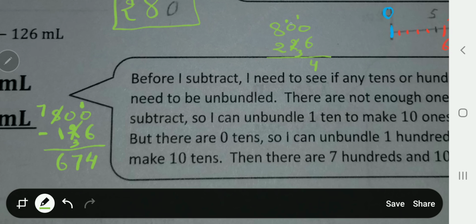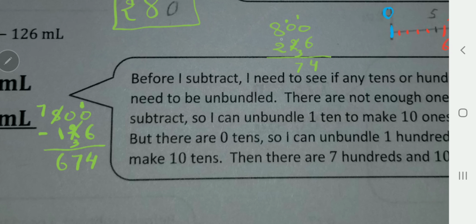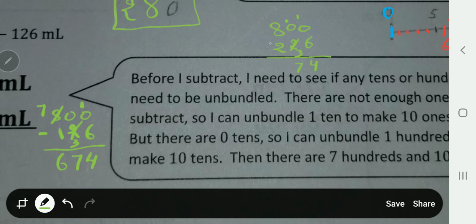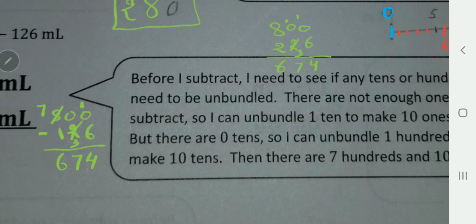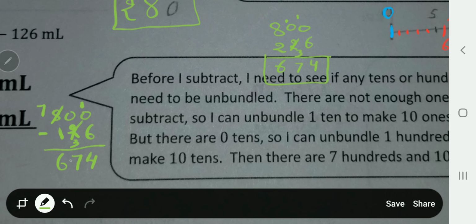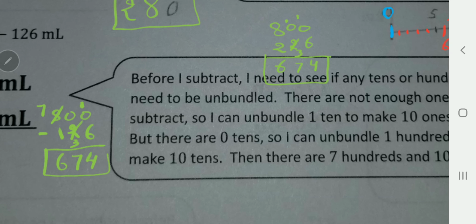Very good. So 10 minus 3 is 7. And then what's 8 minus 2? Easy, right? 8 minus 2 equals 6. Very good. Isn't it the same answer? 674. So it's the same.